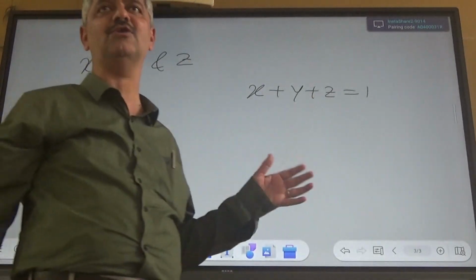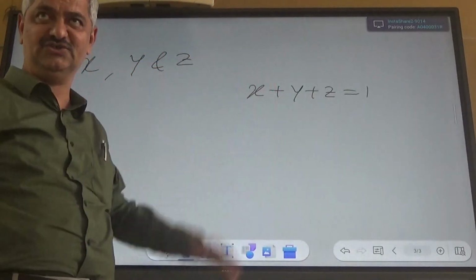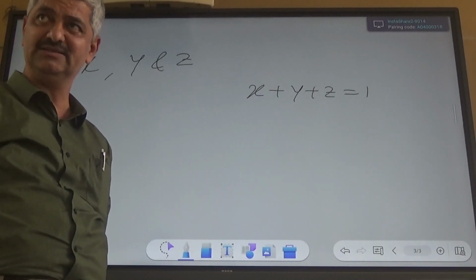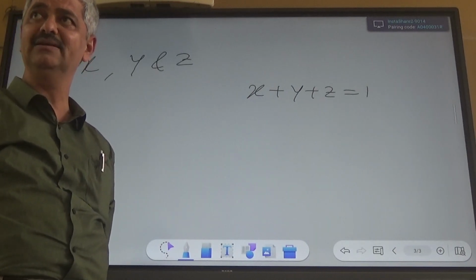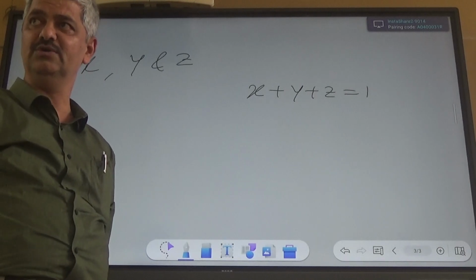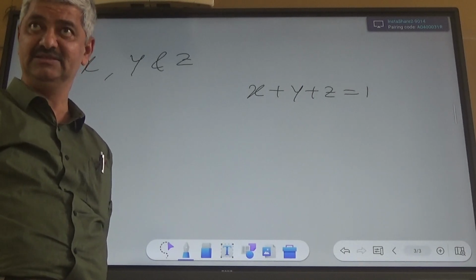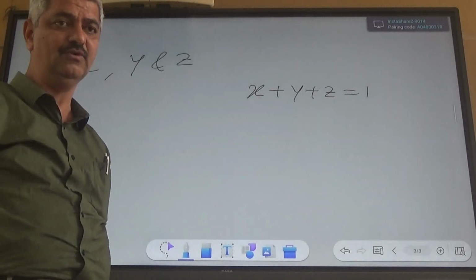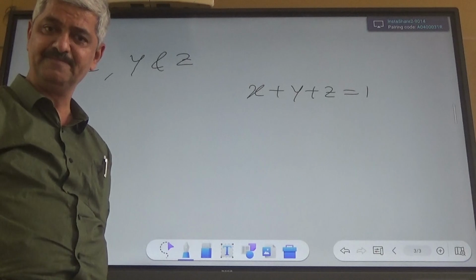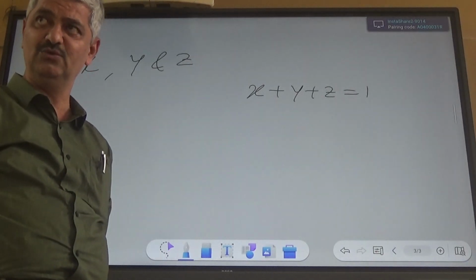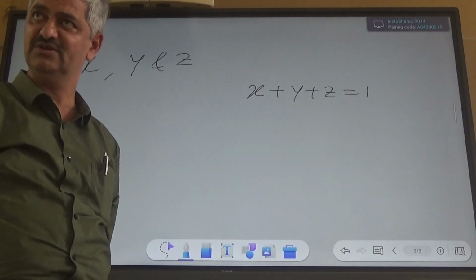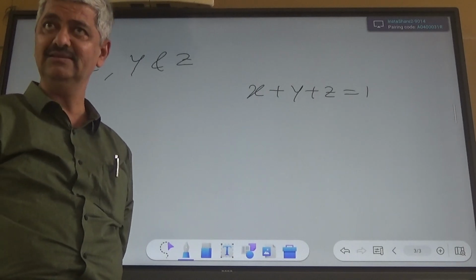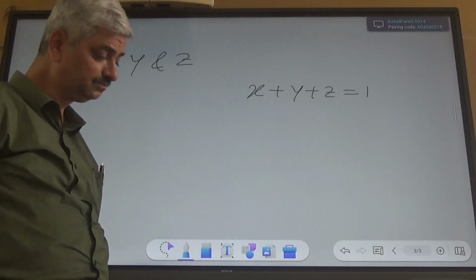A plane consists of infinite points. In one equation, you can choose 2 variables and the third will be given by the equation. So its solution is a plane, meaning it has infinite solutions. So in a system of linear equations in 3D, where x, y and z variables exist, one equation will provide you infinite solutions. Number of variables 3, number of equations 1, infinite solutions.